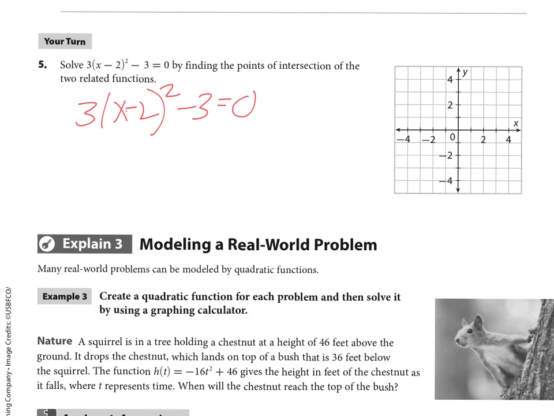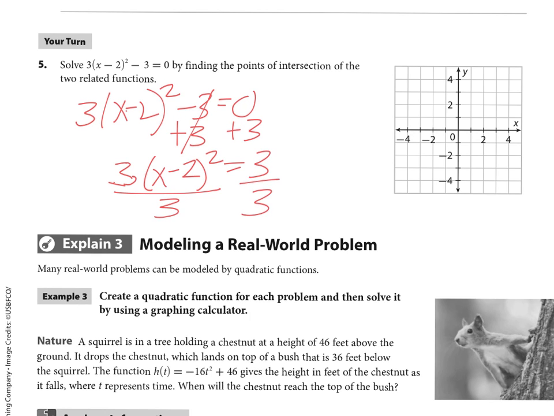So instead of getting it equal to 0, let's do this. So I do plus 3. So I have 3 times (x minus 2) squared equals 3. And I divide by 3. So I have (x minus 2) squared equals 1.